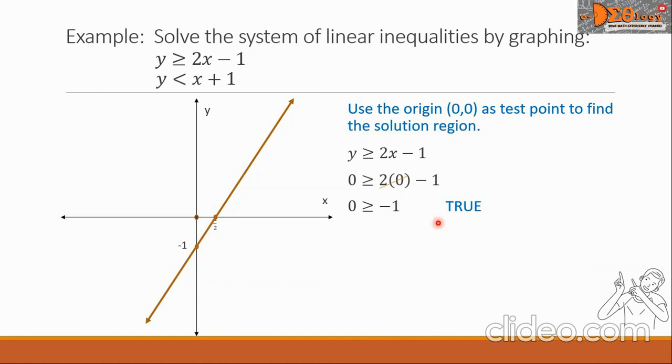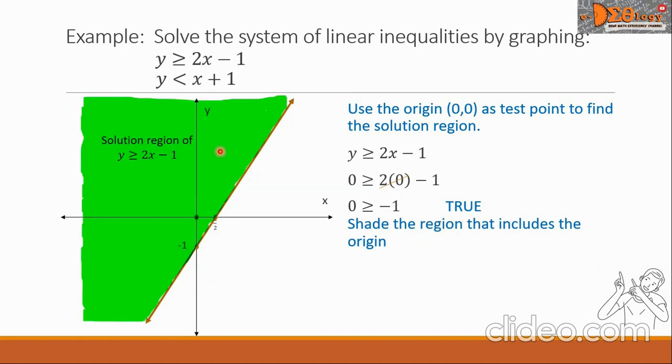It means to say we're going to shade the region that includes the origin. So this is now the shaded region, and this is the solution of the first inequality, y is greater than or equal to the quantity 2x minus 1.